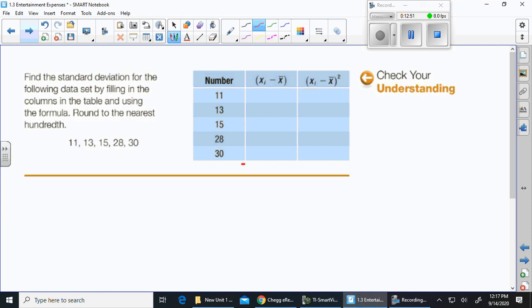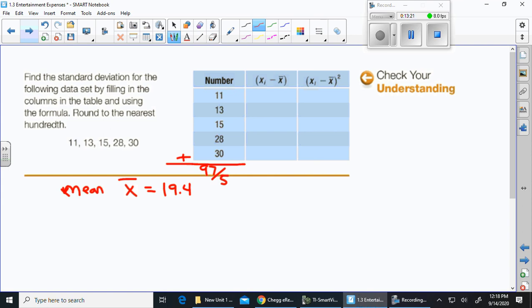So the first thing I do, find the mean, x bar. With this example, I'm going to take those 5 numbers, 11 plus 13 plus 15 plus 28 plus 30. I get 97, and there's 5 numbers, so I divide by 5. My mean is 19.4. So that's x bar.